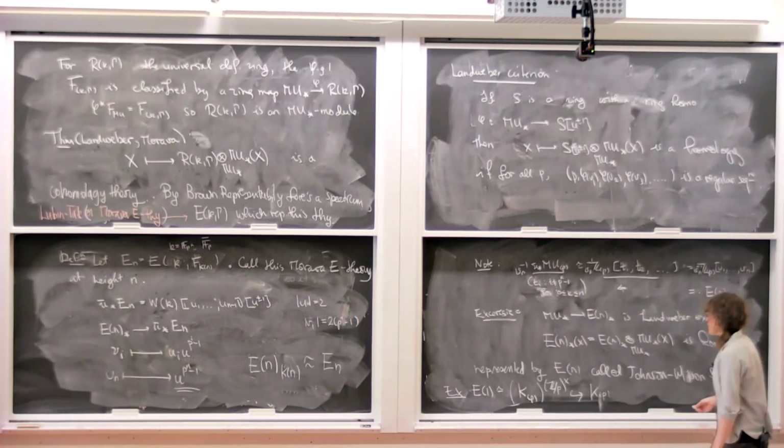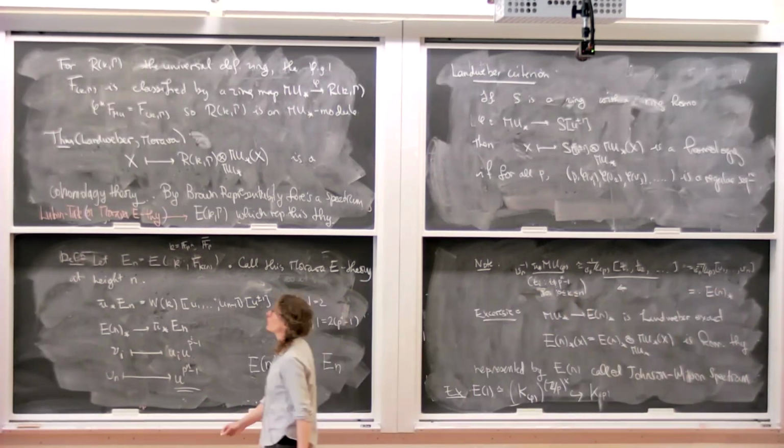Okay, so in our K1-local example, if I take E1, which is some sum of copies of p-local K theory, and I K1-localize it, that's roughly taking a bunch of copies of it.